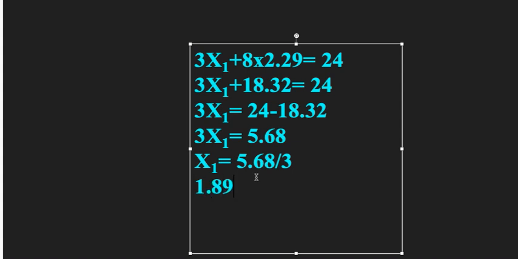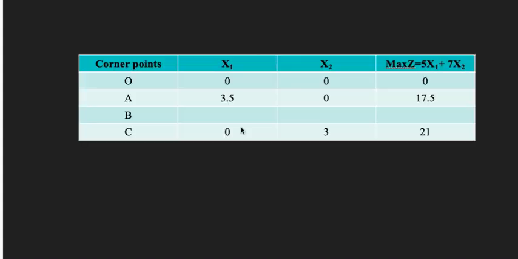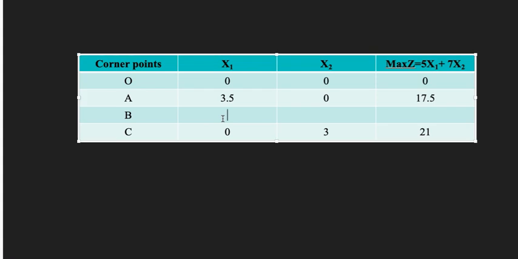So we are going to take the same values: x1 value is 1.89, and x2 value, which we have calculated now, is 2.29.